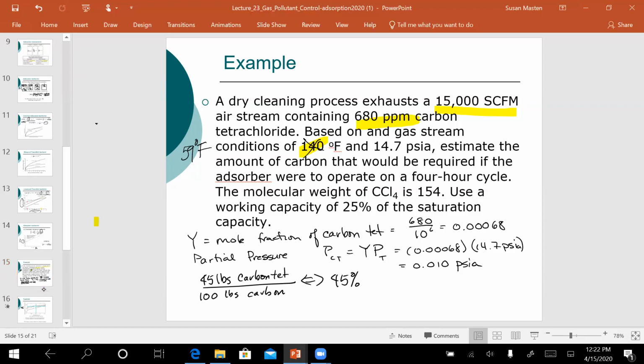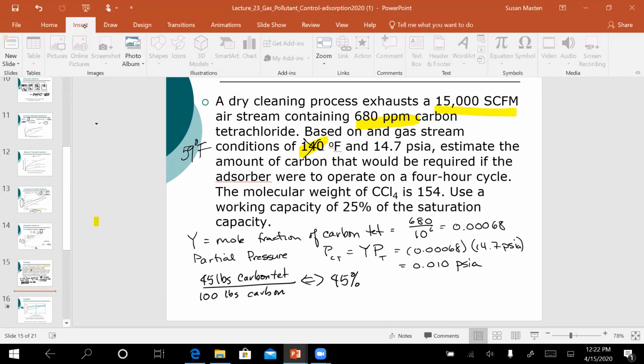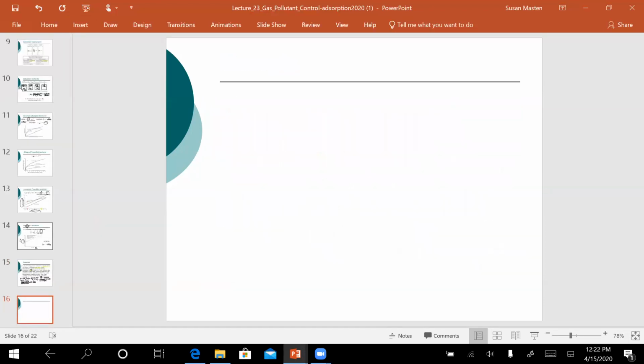Let's add the slide in here, and the flow of carbon tet is equal to 15,000 cubic feet per minute, that was given, times 0.00068, and that is equal to 10.2 cubic feet per minute.